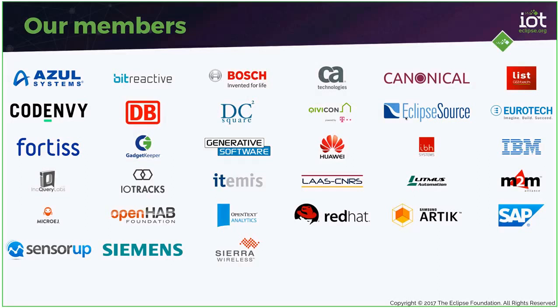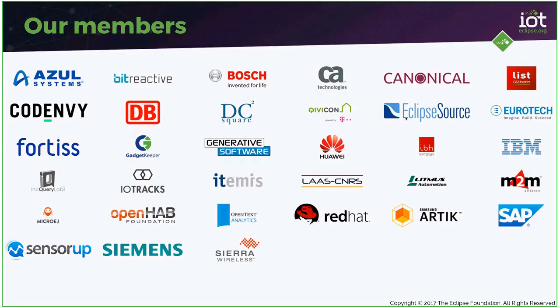So 30 different open source projects being worked on by the likes of Samsung, Red Hat, Sierra Wireless, Bosch, Deutsche Bahn recently joined, and there's more joining week after week. Those people use Eclipse as a place where they can work together on any component essentially that they see as a commodity in IoT.